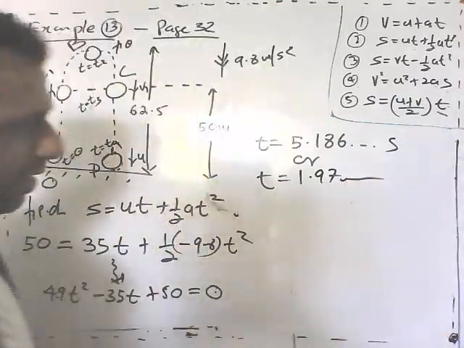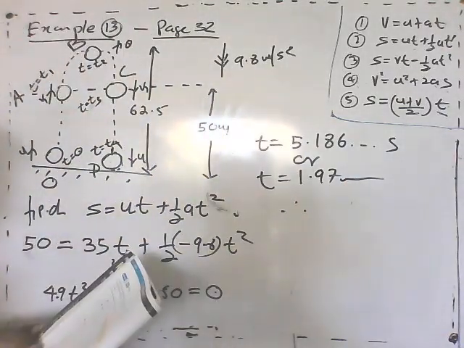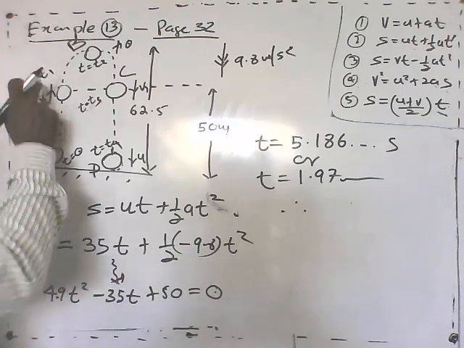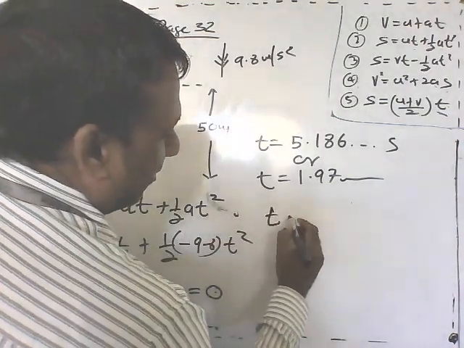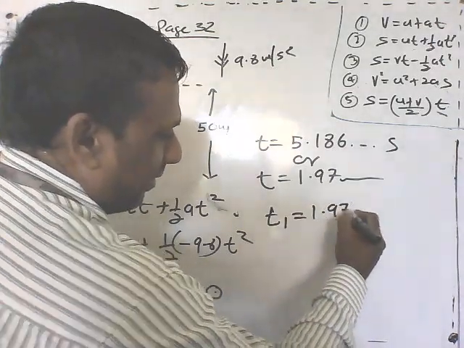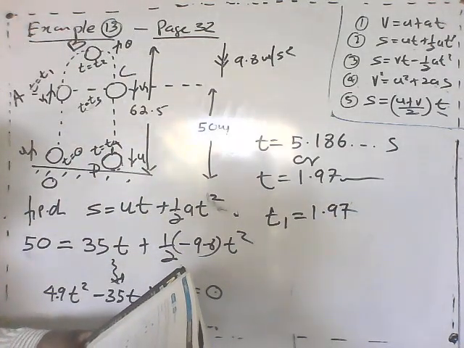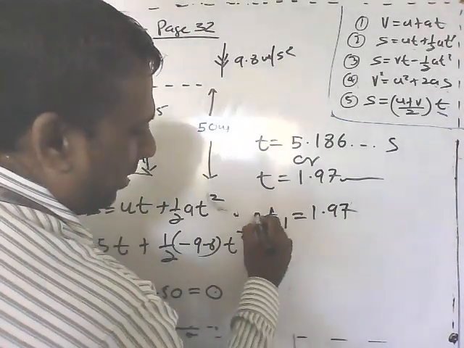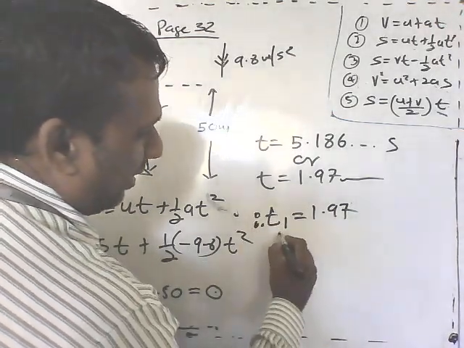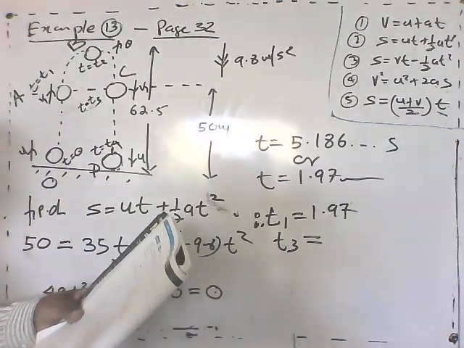Therefore we can decide, to 2 significant figures, T1 is equal to the smaller value, 1.97, therefore T3 is equal to 5.19.